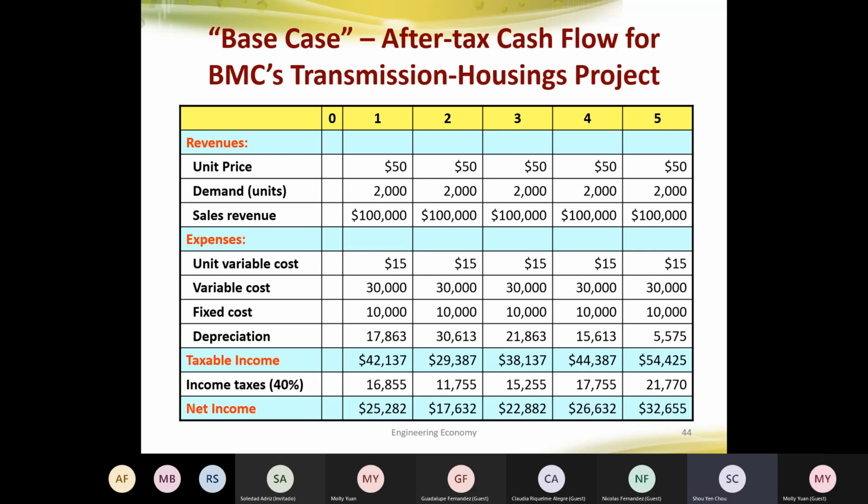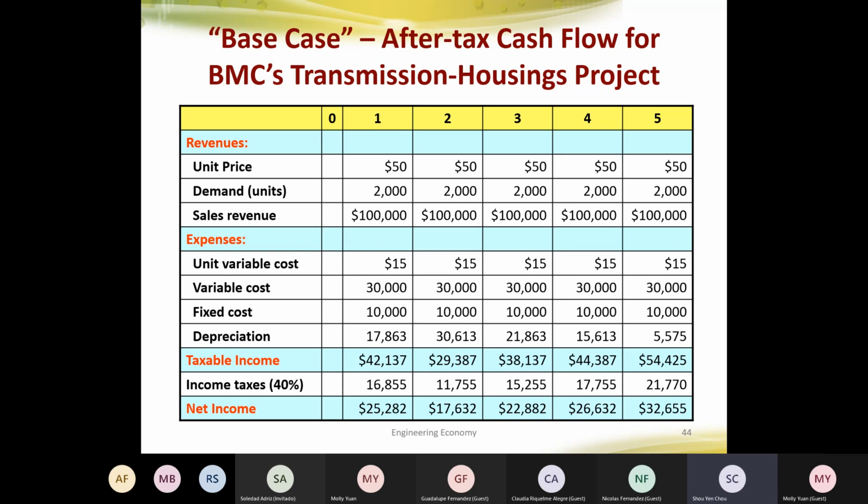So again, we'll have these data, but they will not be explained in greater detail; they will be used later for the so-called variability computation. Here there's an example, this example of a transmission housing project.